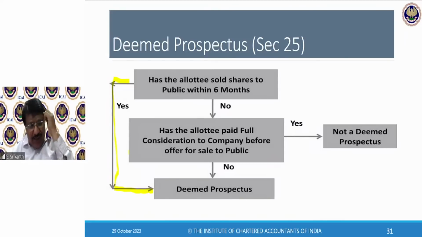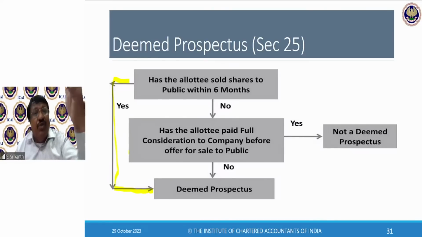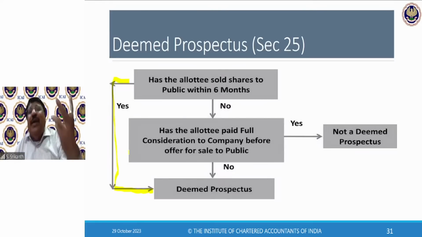If you understand the simple point, it is enough. The minute you say it is not within 6 months, it doesn't matter whether the allottee has paid in full or not. You understand? So if within 6 months, and the allottee has paid in full, then also it is deemed only. It's already deemed, double deemed.